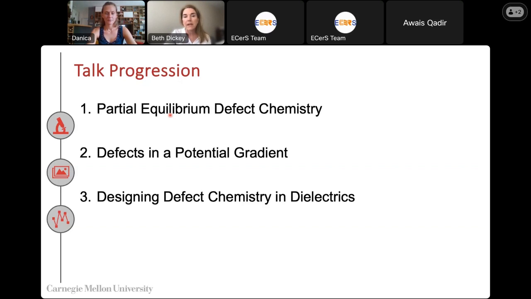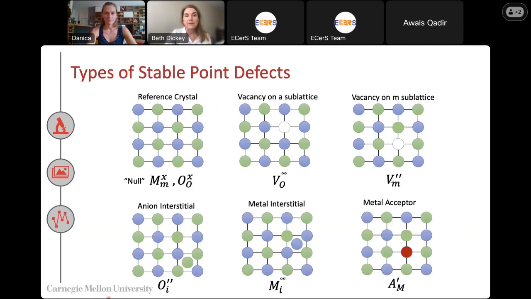And then I'll end with some newer research in how people are approaching the design of defect chemistry to control properties. Okay. So if you're not familiar with Kroger-Vink notation, that's what I'm going to refer to in this talk.